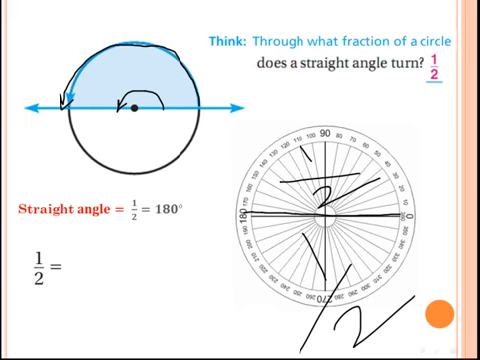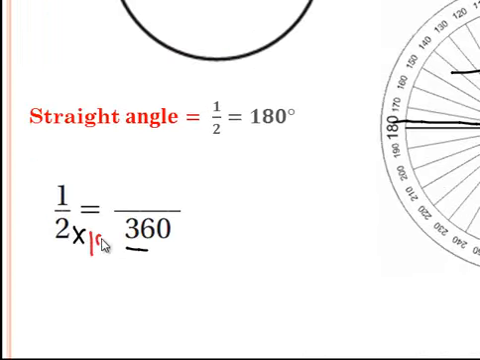By the mathematical way, 1/2 equals how many parts over 360 parts? I'm going to use my multiplication operation. 2 multiplied by what equals 36? Exactly, 2 multiplied by 18 equals 36.